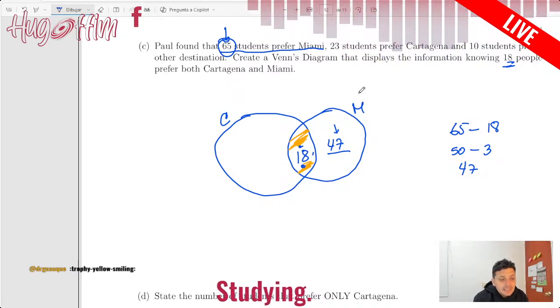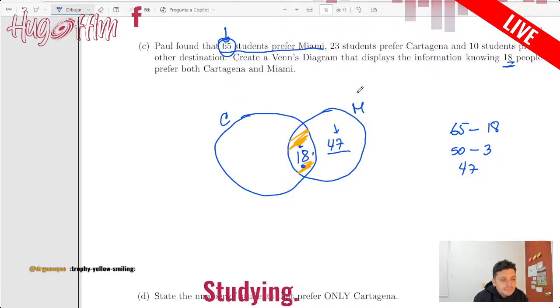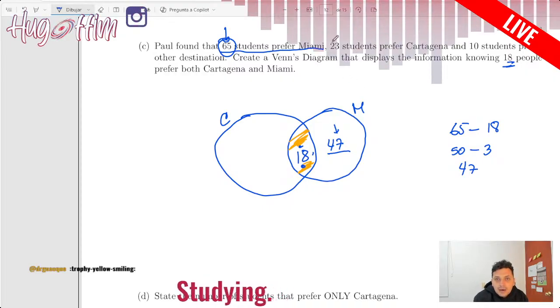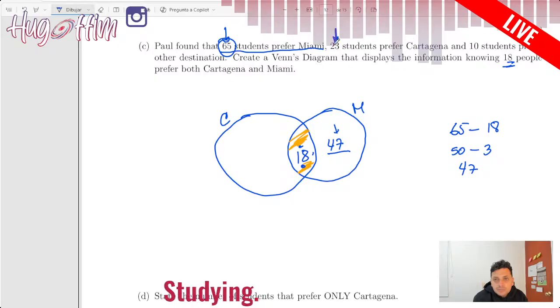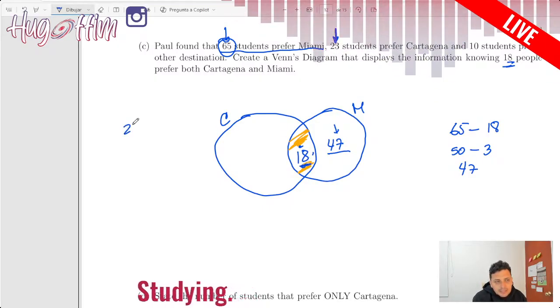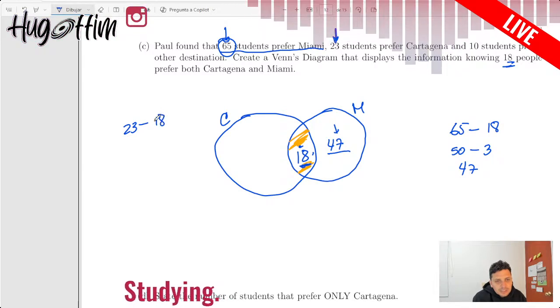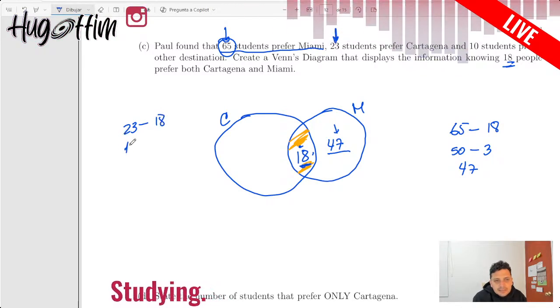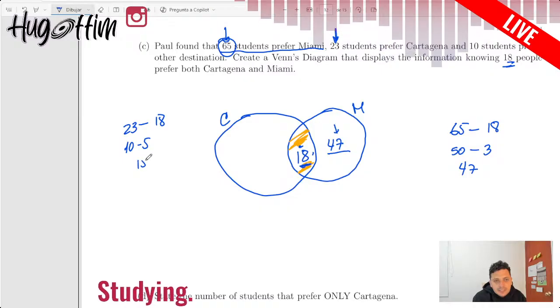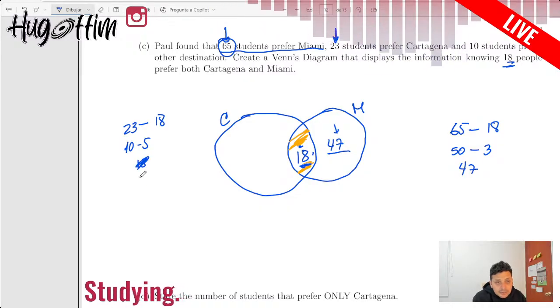Now 23 students prefer Cartagena, so it means that I have 18. Same thing, I just need to take 23 minus 18. 10 minus 5... sorry, that is 5.